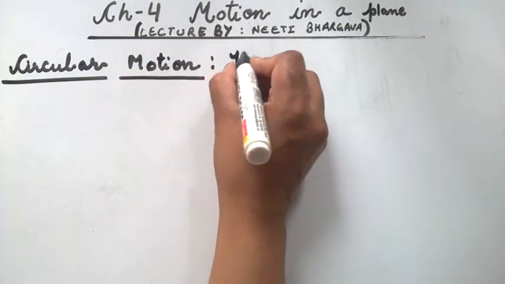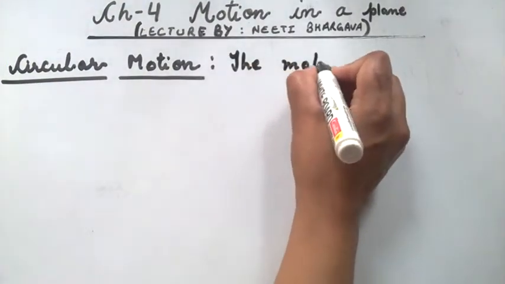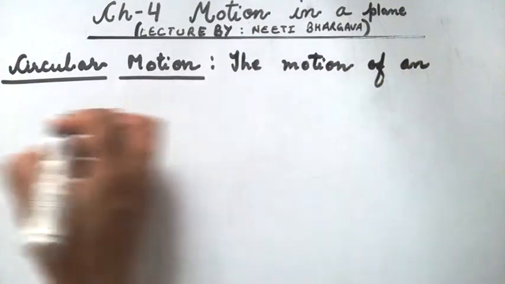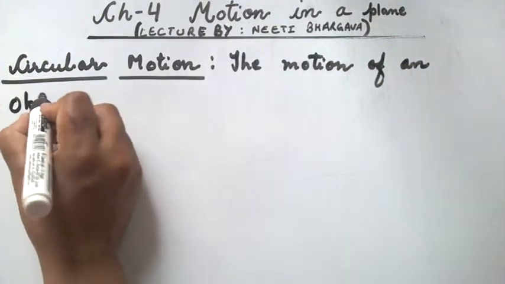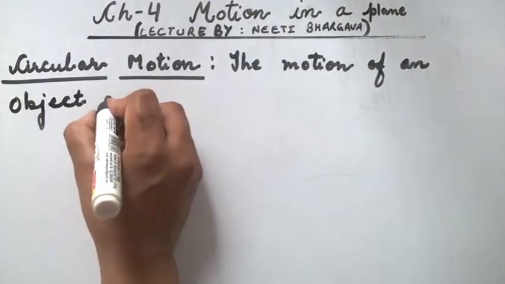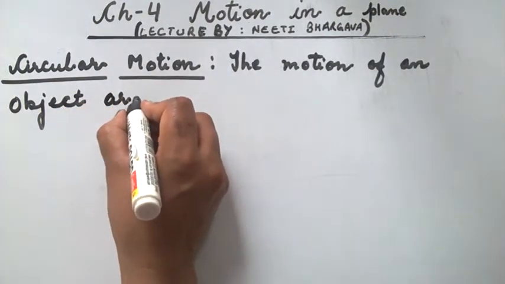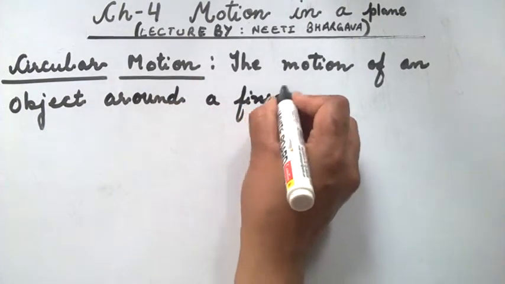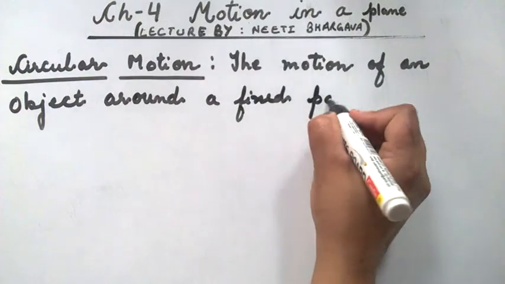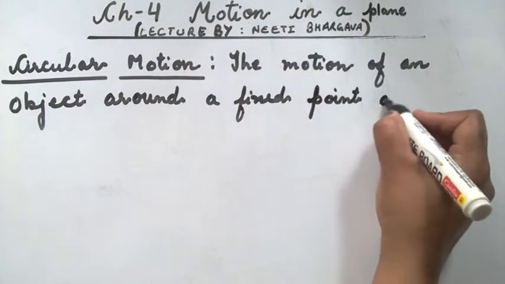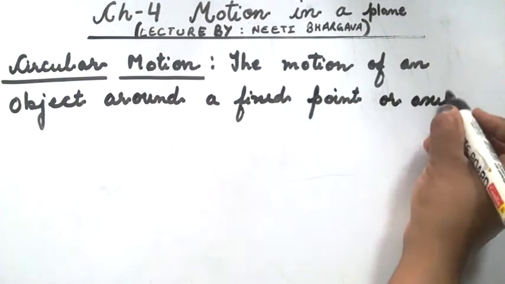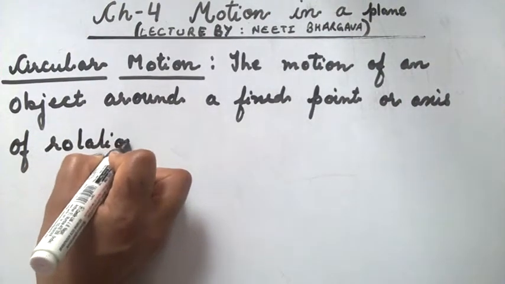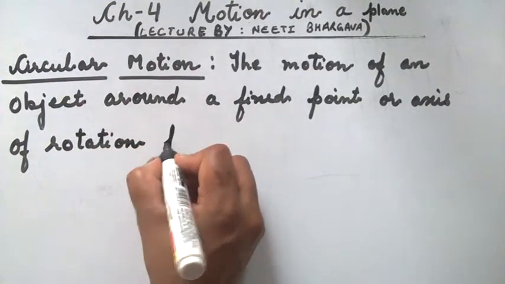It is the motion of an object around a fixed point or axis of rotation from the same distance throughout.